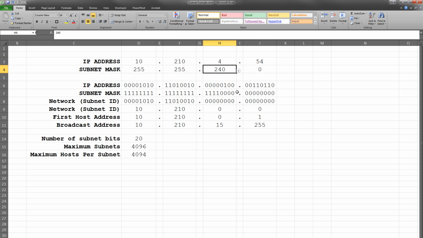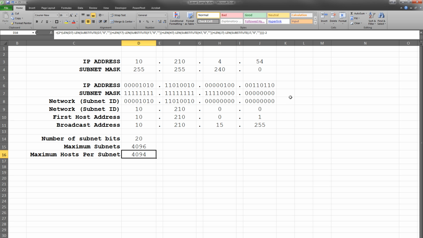What that means is that in our subnet mask, the first 2 octets are all 1s, but in our third octet, half of the bits are 1s and half of the bits are 0s, and our last octet, of course, is all 0s. So in this case, this is a /20 address. 20 of the bits are 1s, and then we have 12 bits that are 0s. Our maximum hosts per segment: 2 to the 12th, but we subtract 2 out, so we have a maximum number of hosts of 4,094.